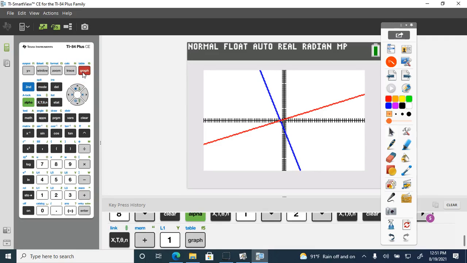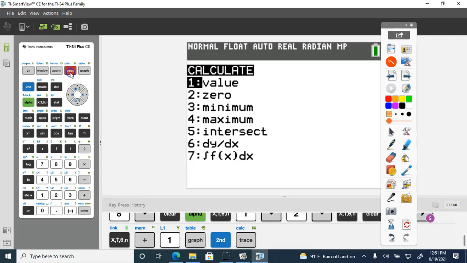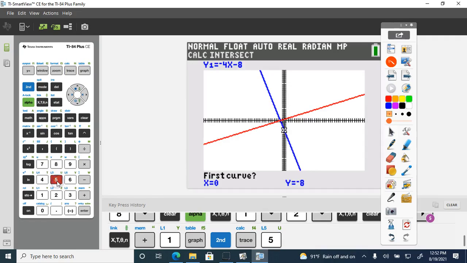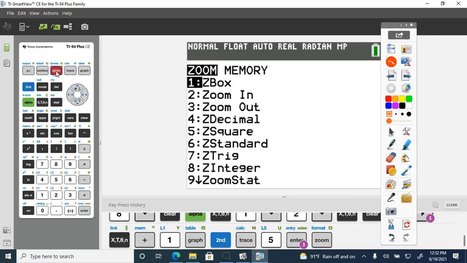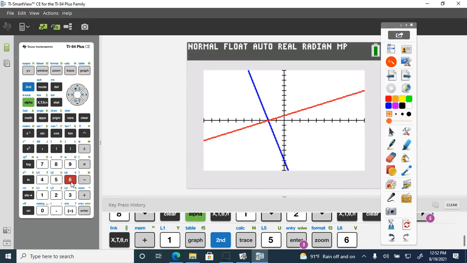Graph. Can I see the intersection? Yes. So second trace, number 5, enter, enter, enter. -2 and 0. Okay? Zoom 6. -2 and 0. Any questions on the graphing point?